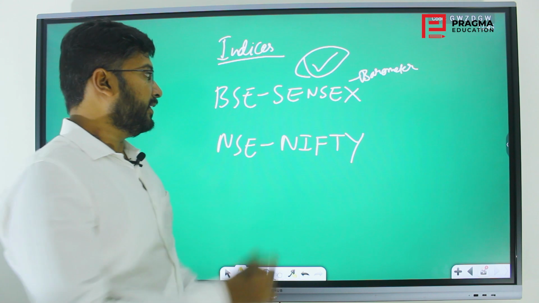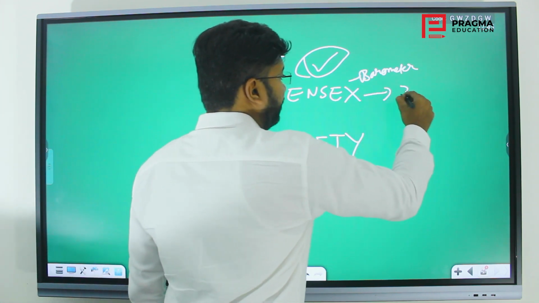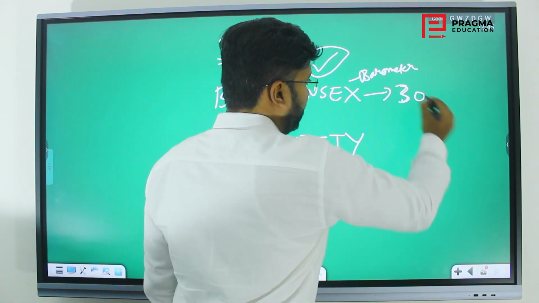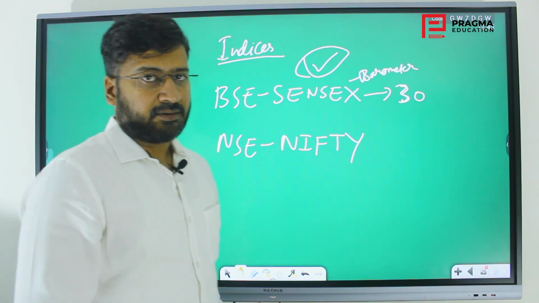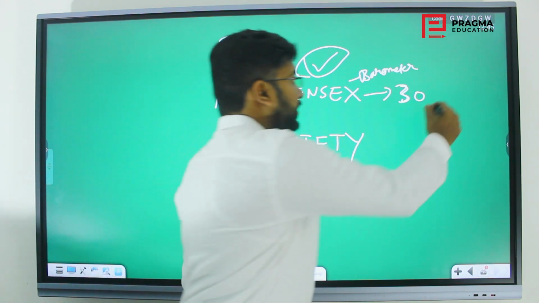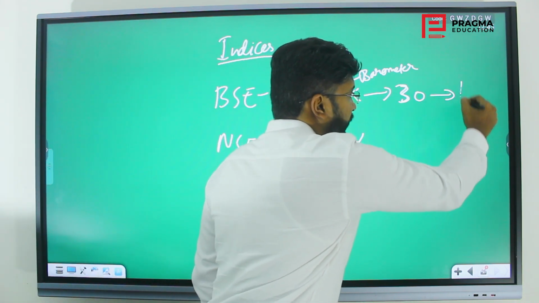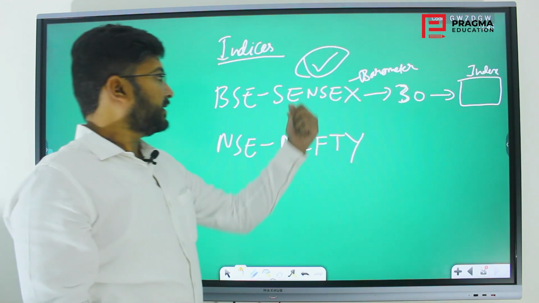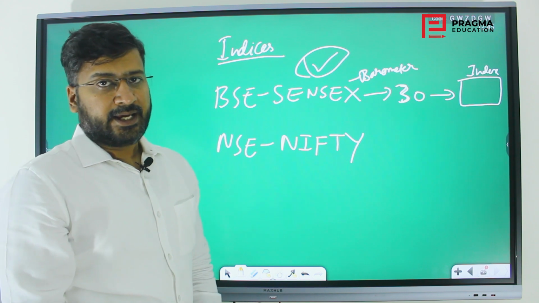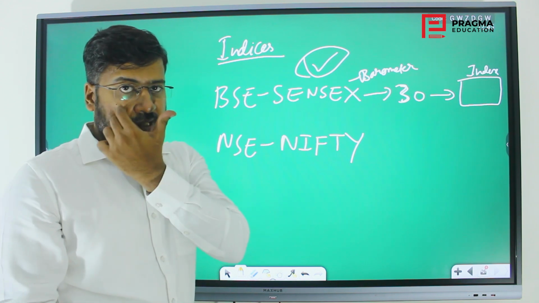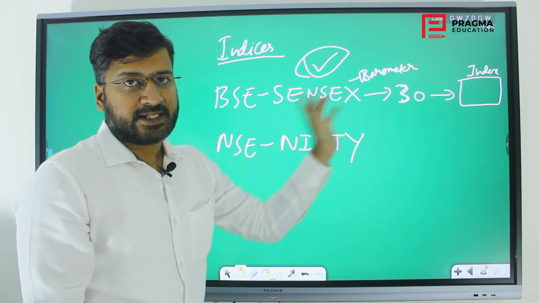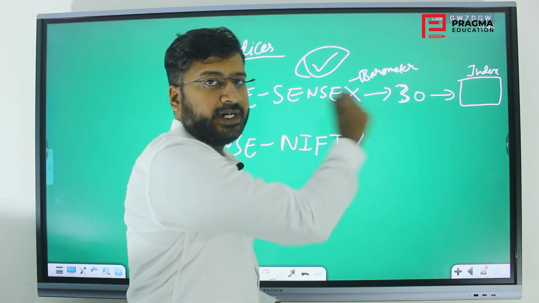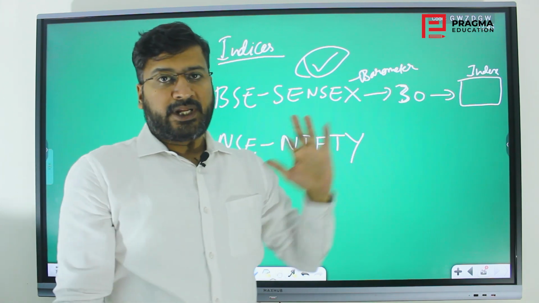So what does this mean? It means there will be the top 30 market capitalized shares in the stock exchange. They will be created into one bunch or one index. That is sensitive index. What is the meaning of Sensex? Sensex is 30. Sensex 30. It is sensitive index, means the top 30 MCAP.